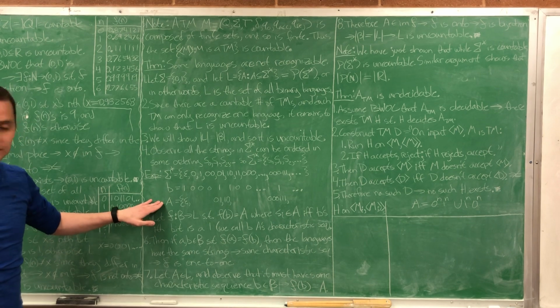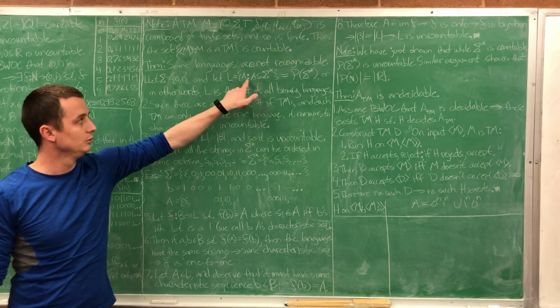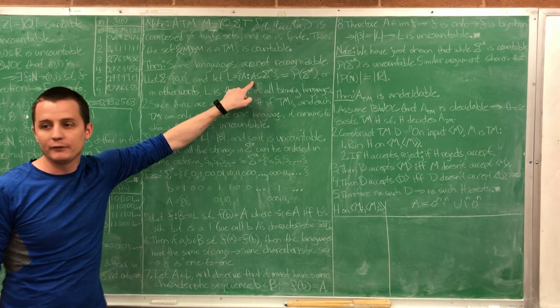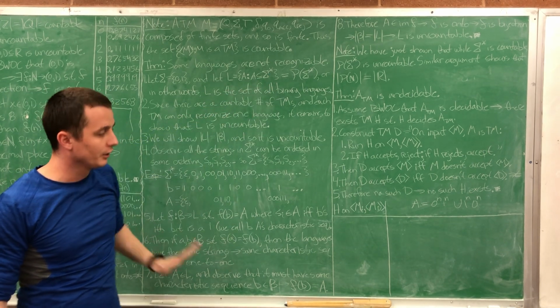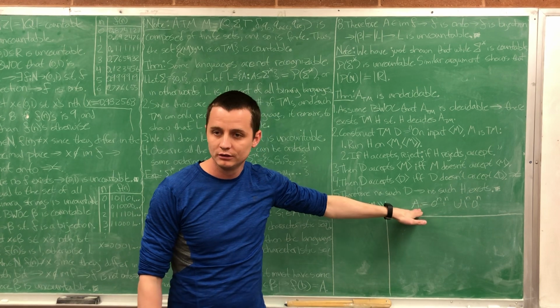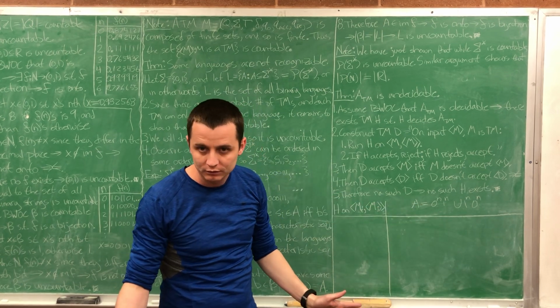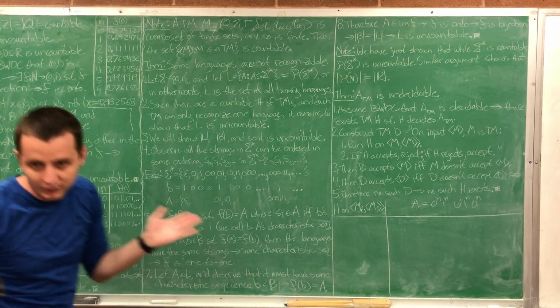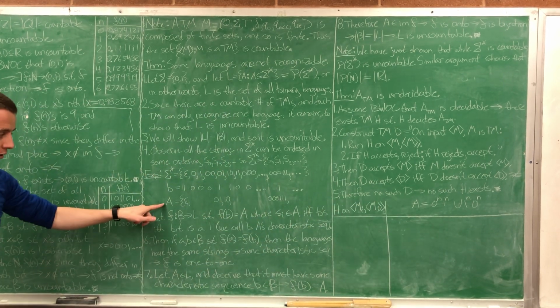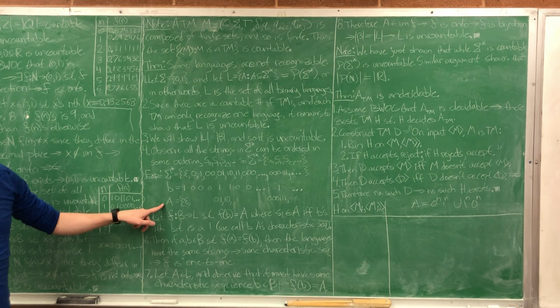But pick any A you want. A is coming out of the set L. All I require is that A is a subset of the set of all binary strings, or in other words, A is a language of binary strings. Doesn't matter which one you pick, but just pick one. I happen to choose this one, completely arbitrary for the example. Pick any A you want.